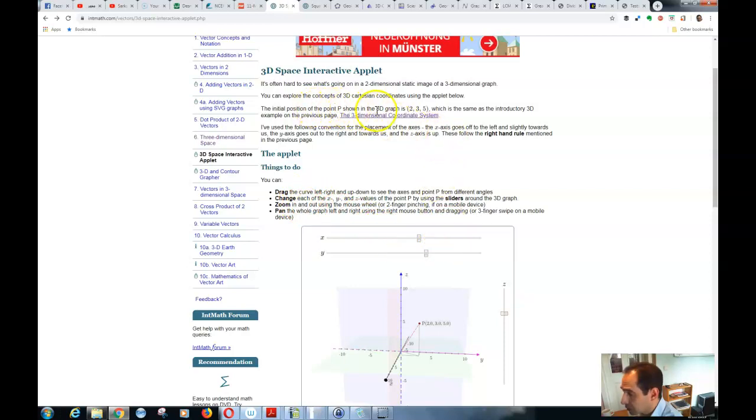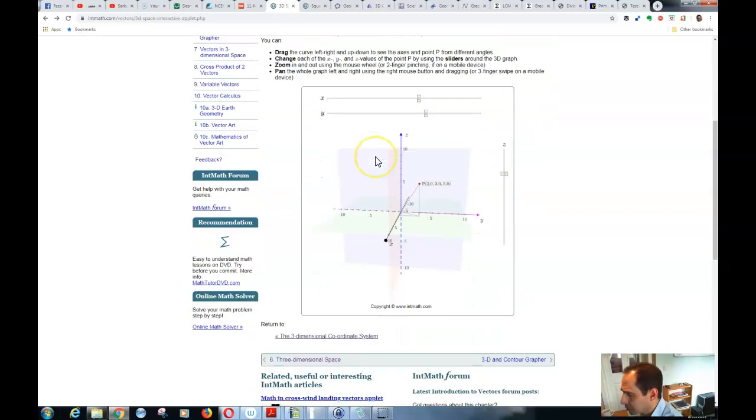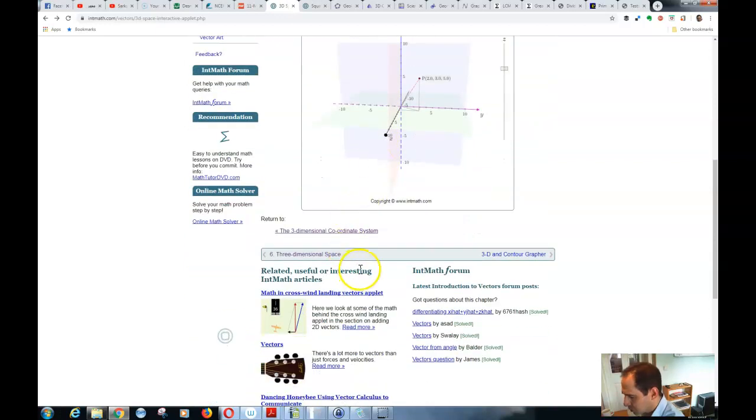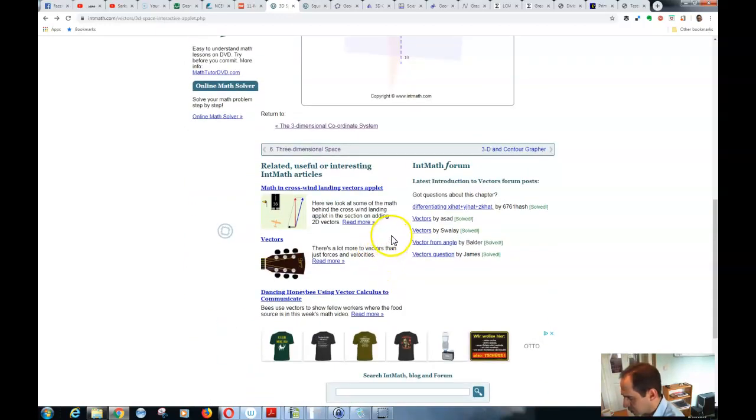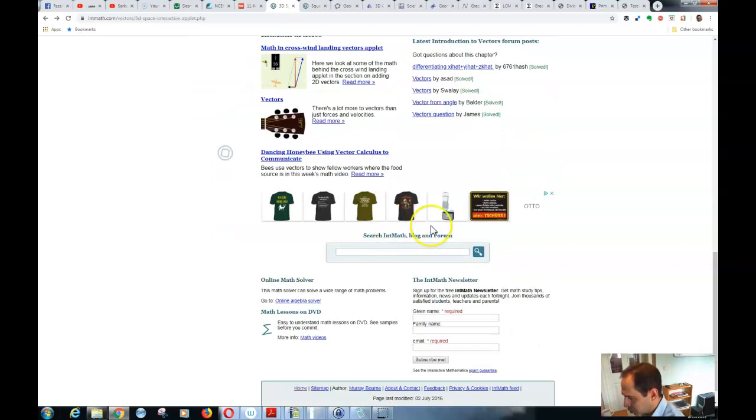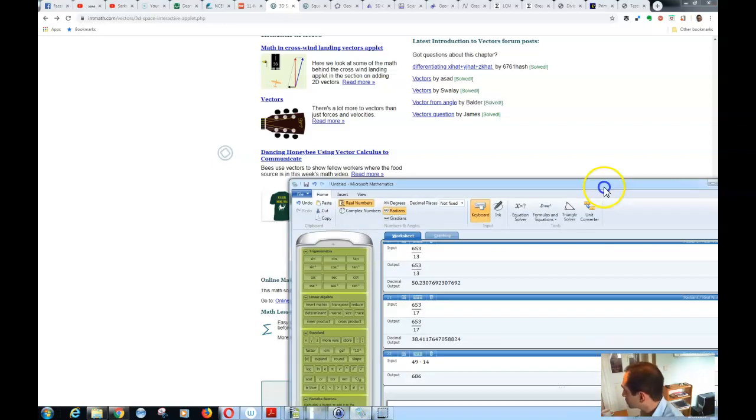And there is no tool over here to do that. Okay, so let me use this calculator. Let's see how this thing works.